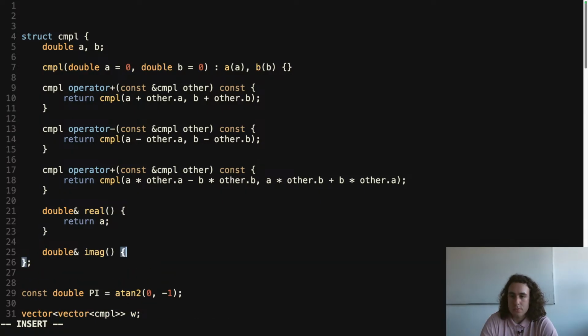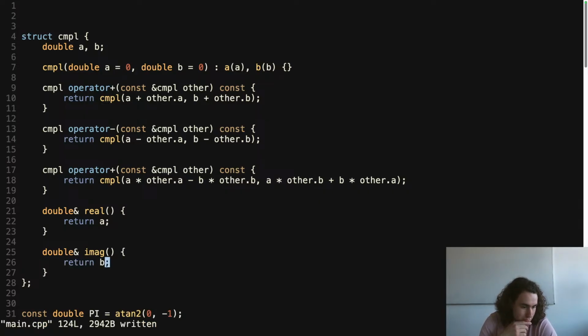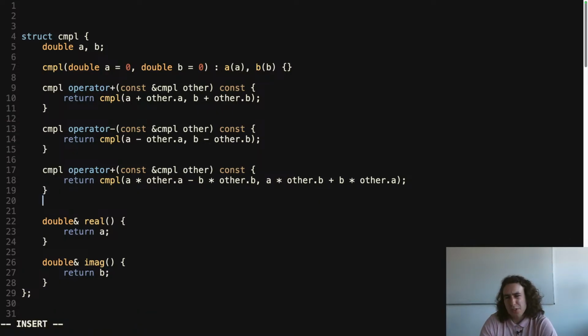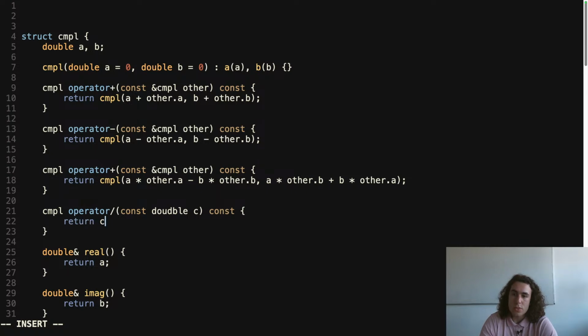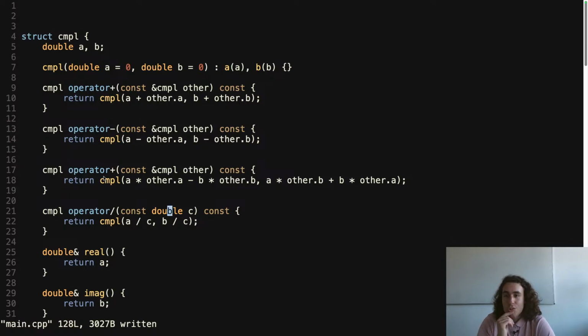I think that's basically what we use. I guess we also use division by a real number. Let's implement that. We're going to return a complex number a over c, b over c.